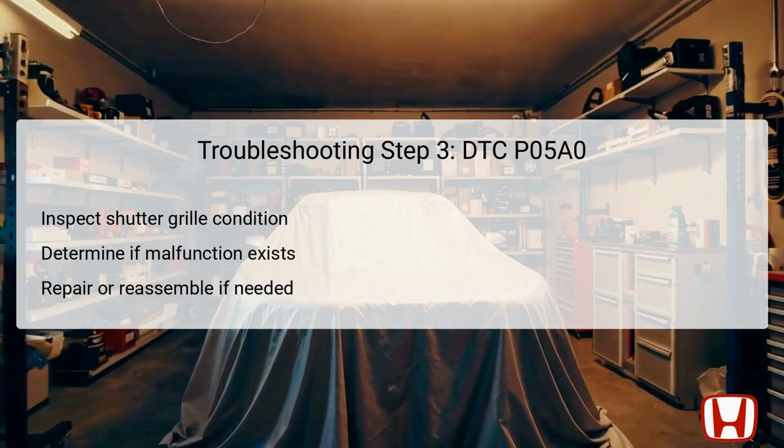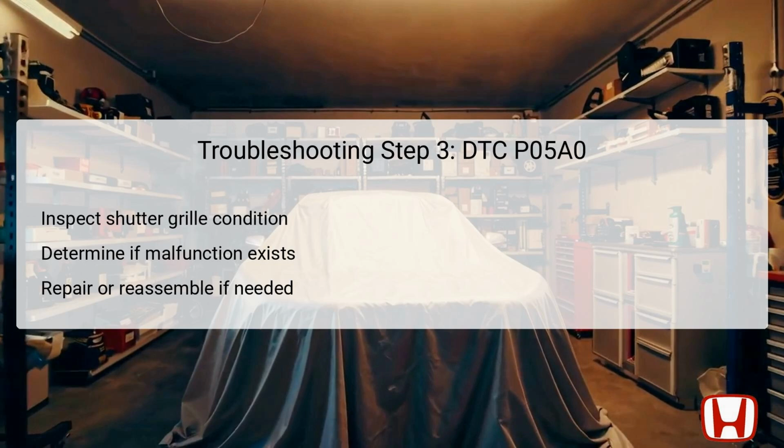Following the visual inspection, the next troubleshooting step involves a detailed inspection of the shutter grille's internal condition. If initial checks indicated a normal visual state, this step aims to confirm whether the internal mechanisms of the grille are functioning as expected. If the shutter grille is found to have faults or is otherwise malfunctioning, repairs or reassembly may be required.